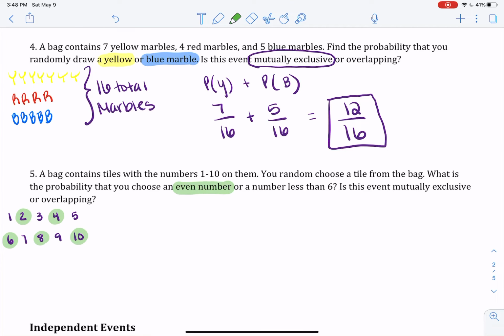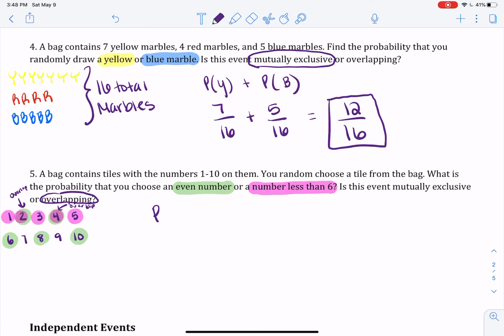Okay, or a number less than 6. So the numbers less than 6 are here. Okay, and I see that we overlapped right there and right here. So this event is overlapping.